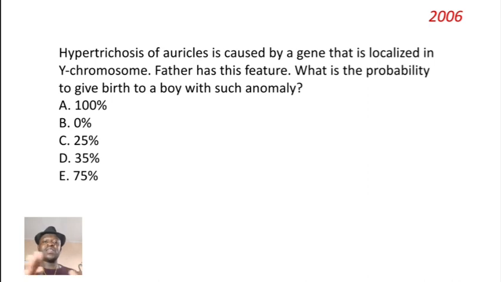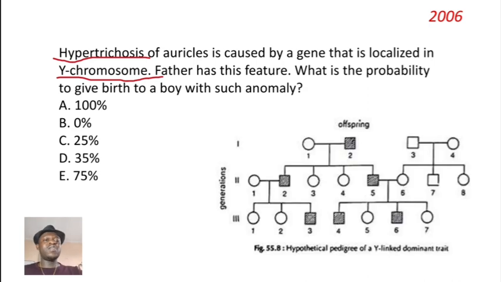So the probability is 100%. It's just as simple as that. Here I returned the pedigree so that you see that all the sons have hypertrichosis, so the probability is 100%.